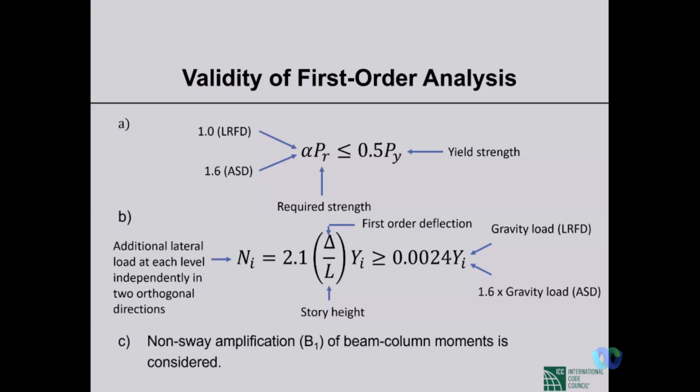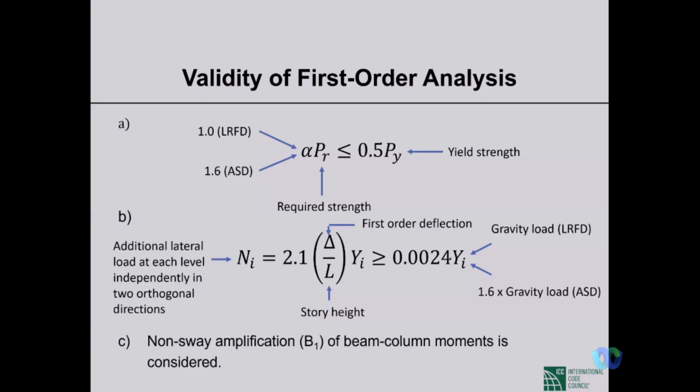Then from the story drift ratio, delta by L, we multiply the gravity load with this story drift ratio and 2.1, so about twice the story drift ratio, and the amount of load we calculate, we apply again at each story level. This is an indirect way of considering some of the second order effects. And at least we have to apply 0.0024 of gravity load at that level.